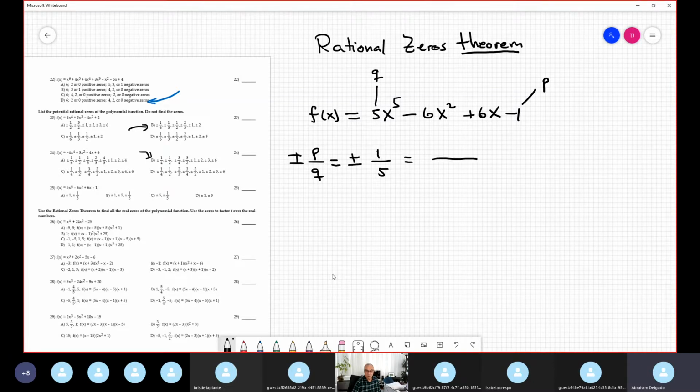So on the top we have only one possibility, 1. On the bottom, well, 5 actually, but 5 is 5 and 1, and 1 times 5 is 5. The combination is obvious: plus or minus 1 and plus or minus 1/5, which in my opinion is the combination of option A.